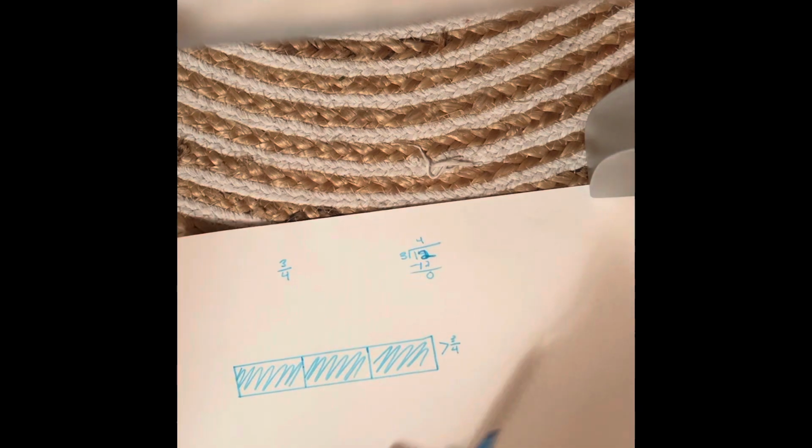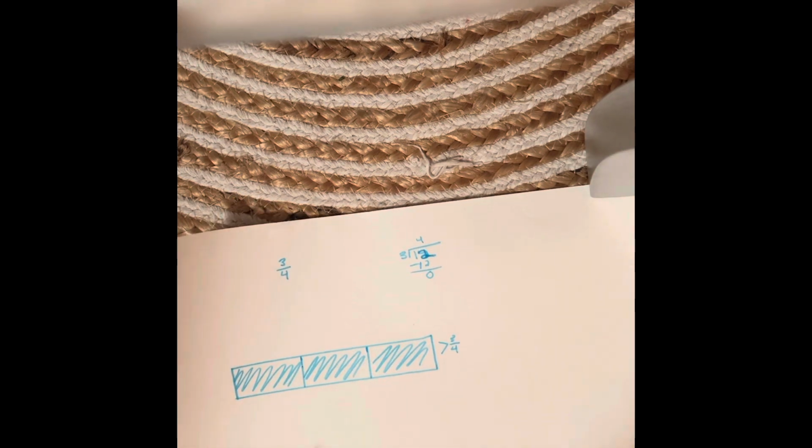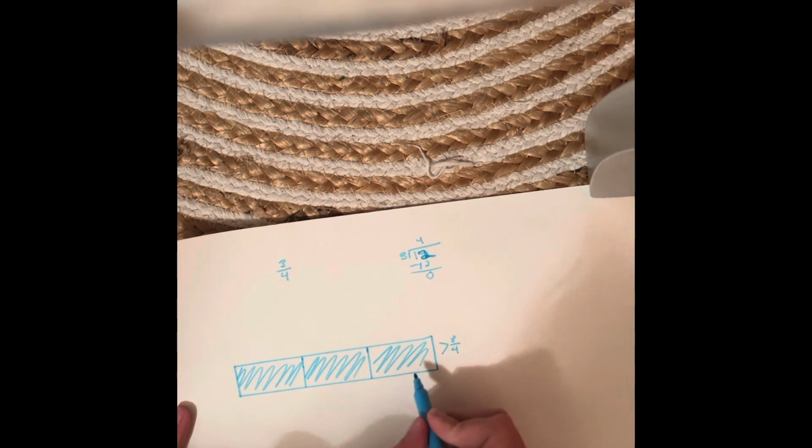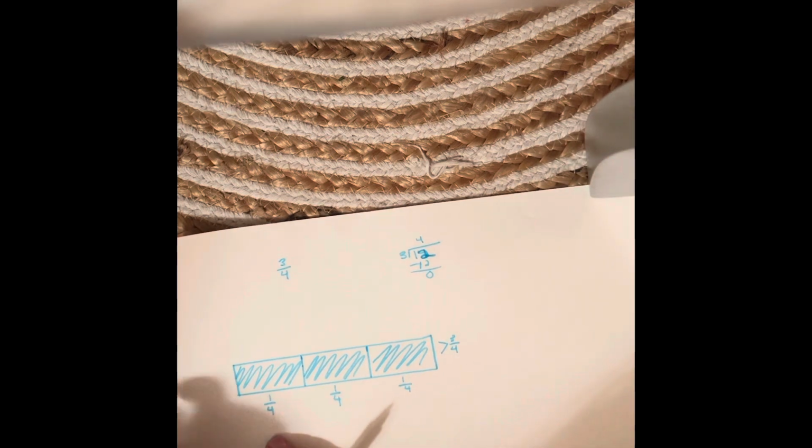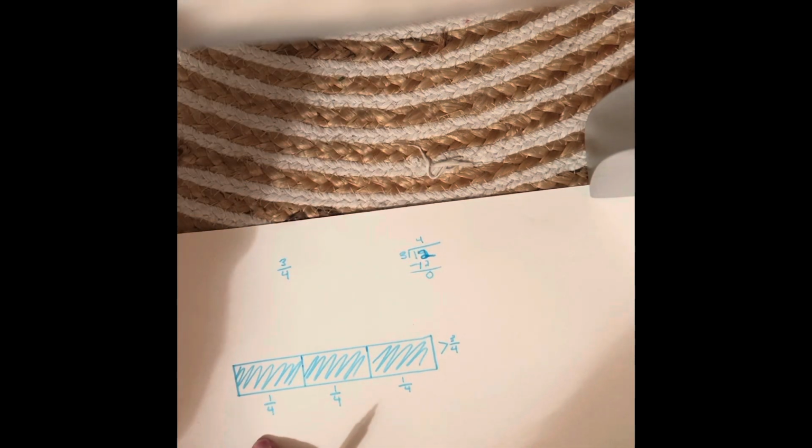So how could we add another one on? Well, this one's divided into 1/4. This one is divided into 1/4. And this one is divided into 1/4. So we need to add another 1/4 onto that.